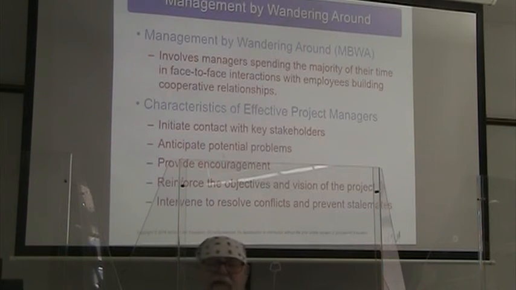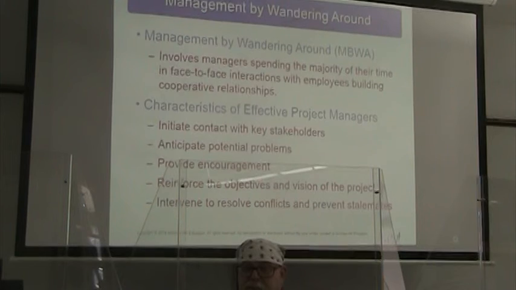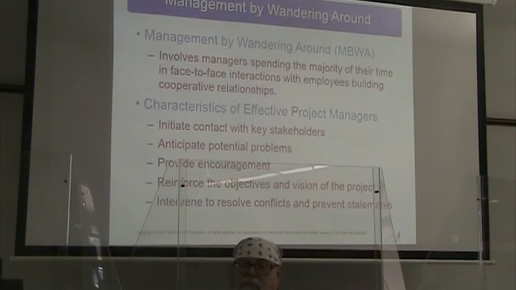An effective project manager also anticipates potential problems. This is one that has caused me to piss off many people here at NTU. Because I'll say, we'll be doing something and I'll say, well, what happens if this happens? Oh, it won't happen, man. Oh, okay. Well, what about if this goes?